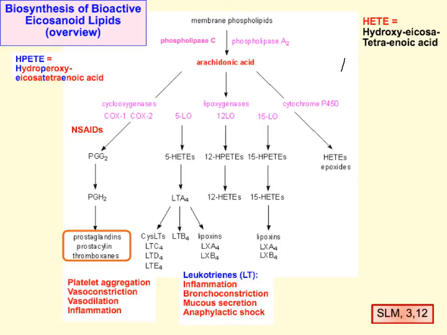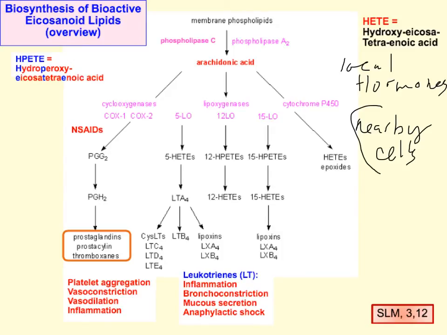I'm going to write that, local hormones. They're going to act either on their own cells, the cells that produce them, or on nearby cells. So typically we're going to say nearby cells. And the reason we're saying nearby cells is because these things are rapidly degraded, and so they're not transported throughout the whole body. They break down too fast.